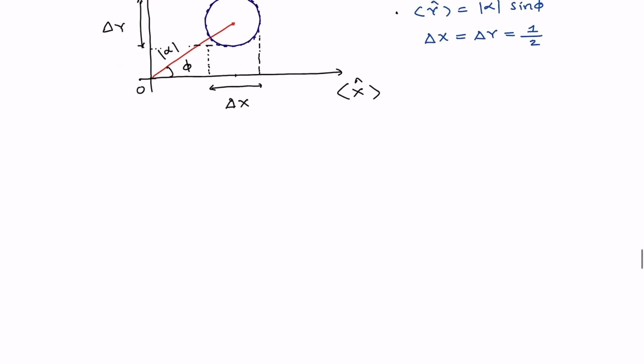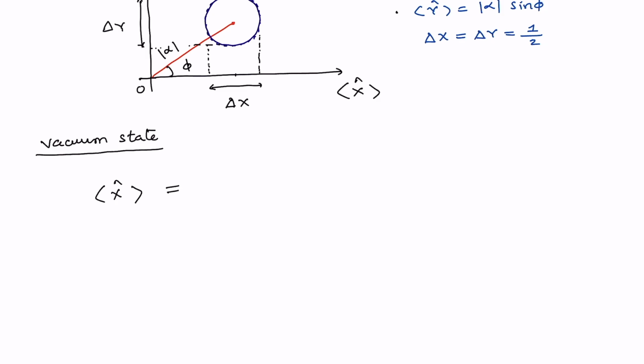Now in the vacuum state, the expectation value of this quadrature operator x, so now I am going to talk about the vacuum state, and you already know that in the vacuum state the number of photons in the state is equal to 0. So for the expectation value of quadrature operator x, you just have to find out this quantity, and it is very easy and straightforward to see that this is going to give you simply 0.